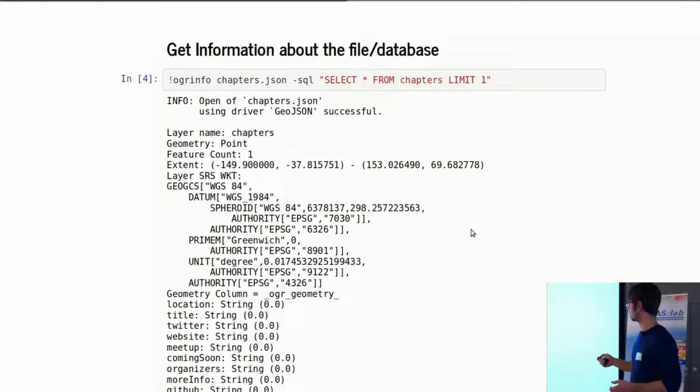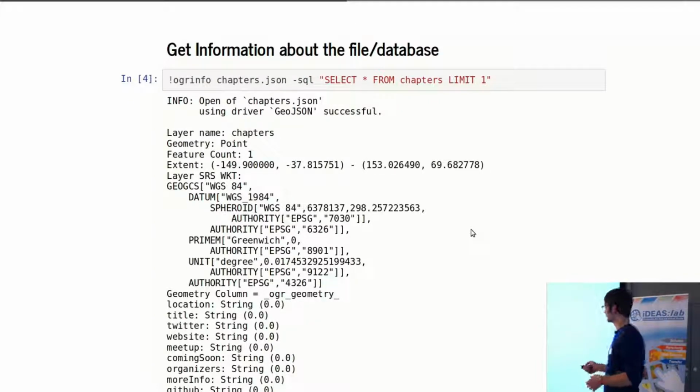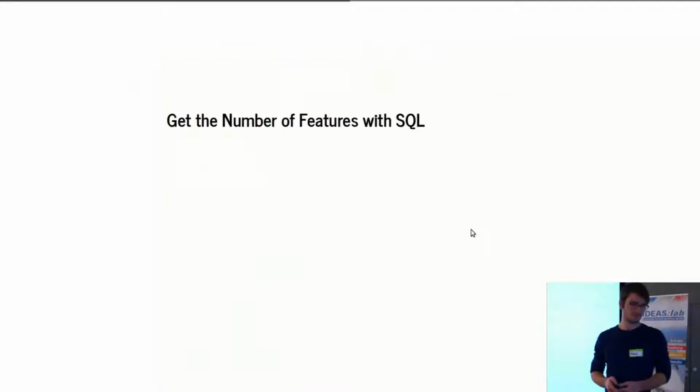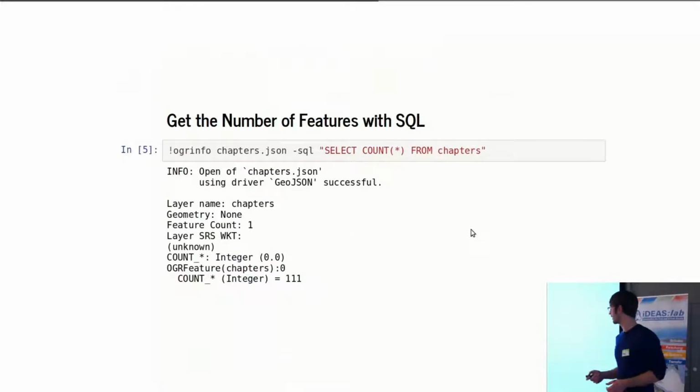So this is basically all you get, similar to what you saw before with GDAL. And you can do other queries, like the count of all the features that you have. Then you will get, in this case, 111 features.